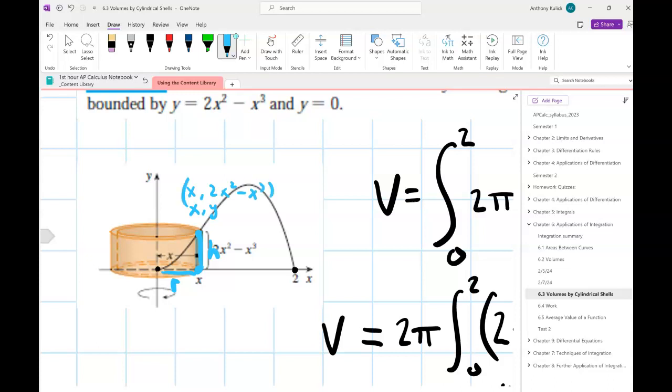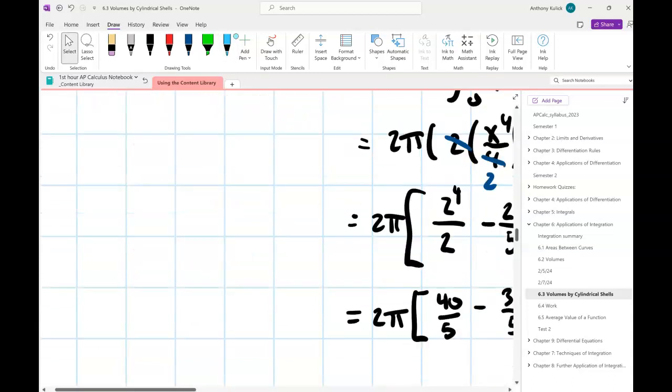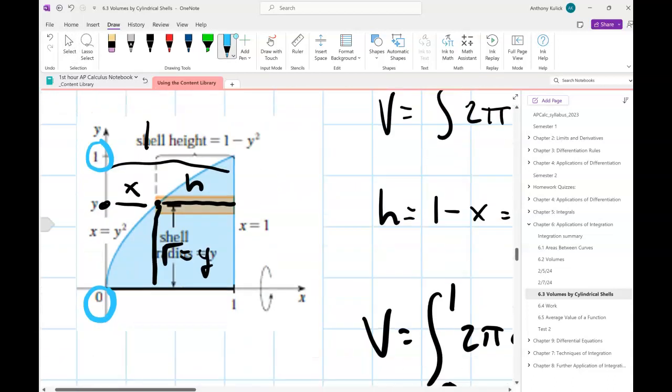Because we're going through the shaded region, the height is just the y value, right? Here, though, the height of my cylinders is coming from this side instead of this side. You get what I'm saying?